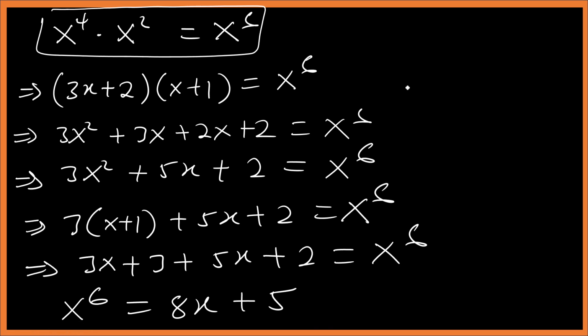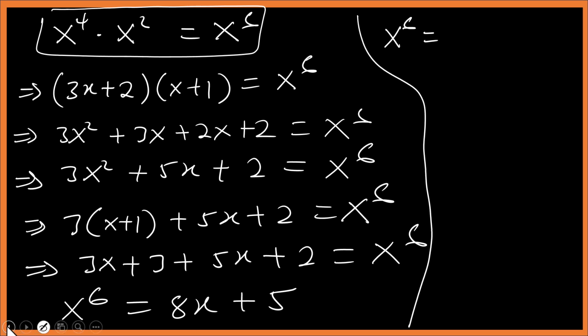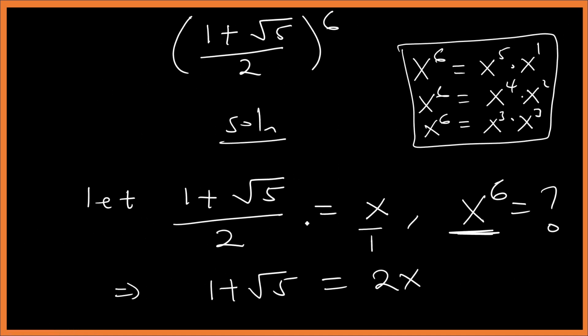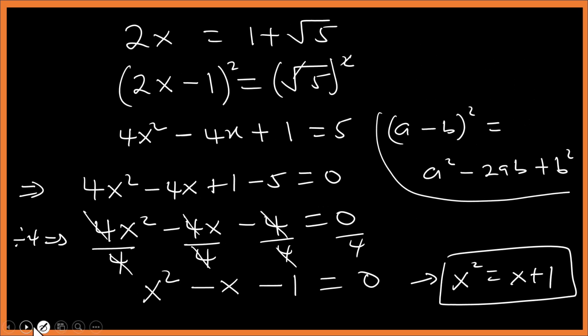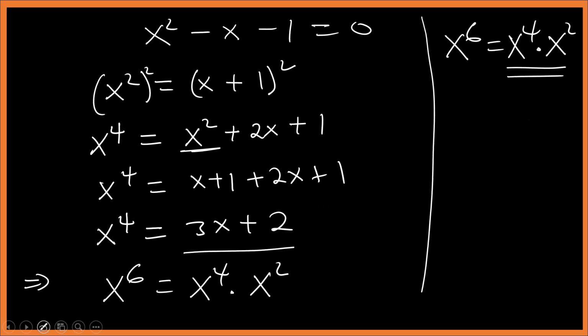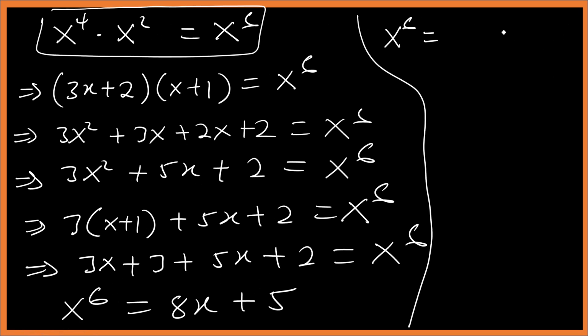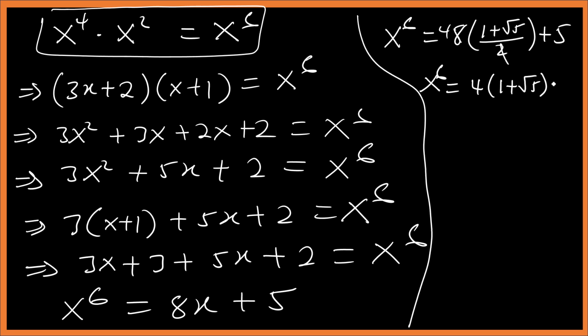We have x as (1 + √5)/2. So 8 times (1 + √5)/2 plus 5. 2 into 8 gives 4, so we have 4(1 + √5) plus 5.